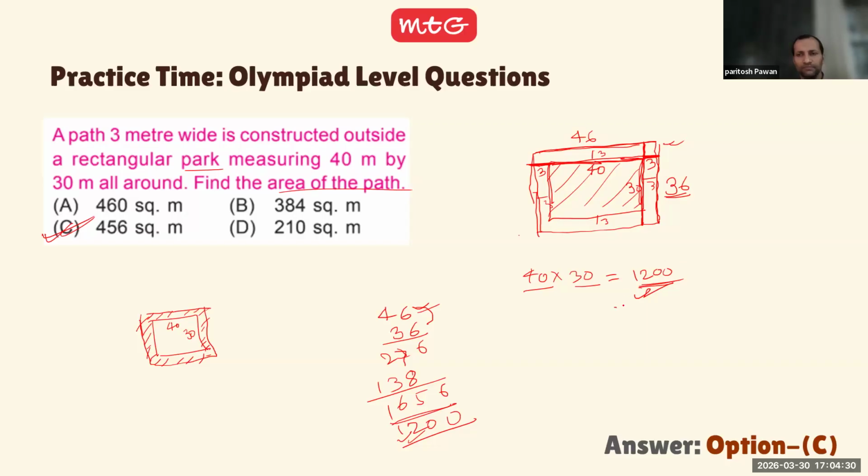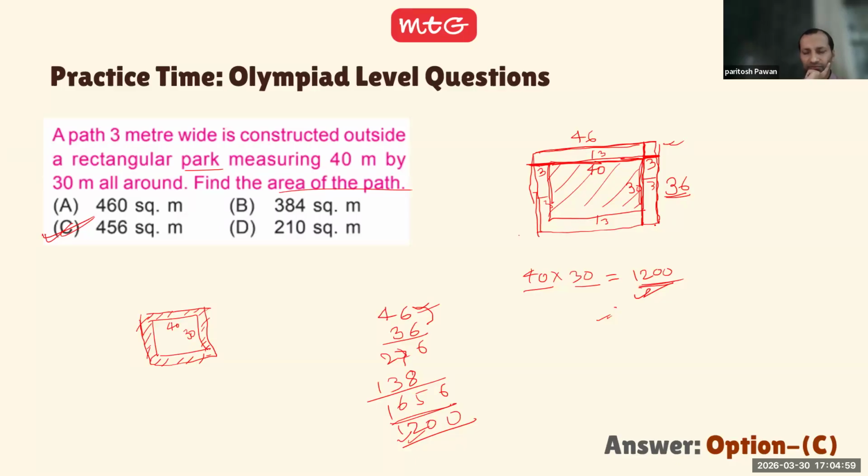Sir, I understood half of the thing, how does 46 come? Two times I explained, beta. What is your doubt? My doubt is that it was 3 meter wide, but the inner rectangle, 3 meter is on both sides, no? Yes, that is why it became 36.